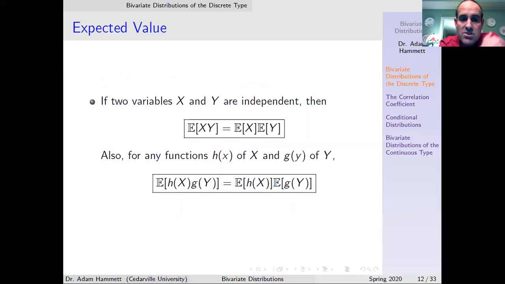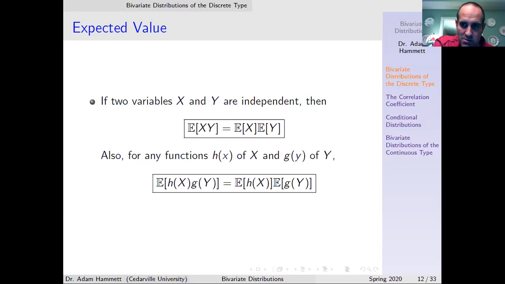Well, if X and Y are independent, then it's guaranteed that the expected value of the product is equal to the product of the expected values. Now, I will say, though, that just because that happens with expected values, that does not guarantee independence. Okay? You have to go all the way down to the level of the PMF itself.